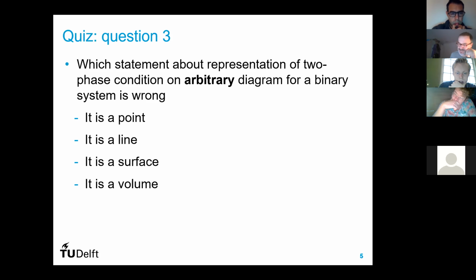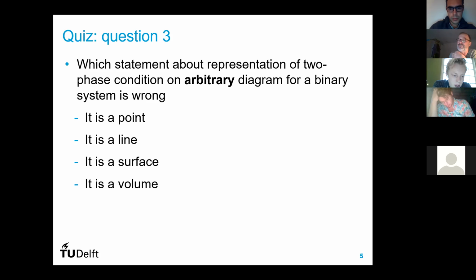And the reason here is the following. We're saying that there is a binary system, so the number of components is 2. And you have a two-phase condition, minus 2. That means the degrees of freedom could be from 0, because you can plot it at fixed pressure and temperature, right? So we're saying arbitrary diagram.